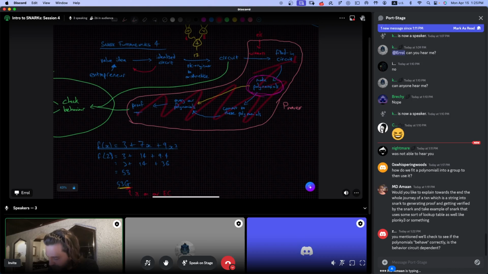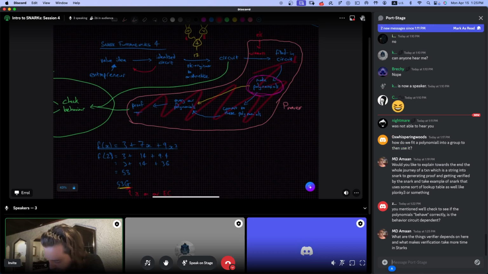In fact, the primary thing that developers should be focused on, as I've said a couple times before, is this arithmetization process, because most ZK engineers are given a specification of an idealized circuit and they've got to turn that into code. That's what they spend most of their time on.